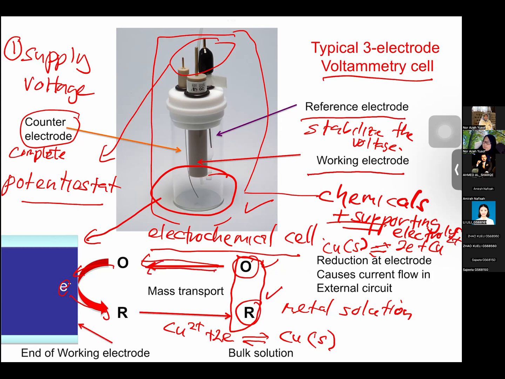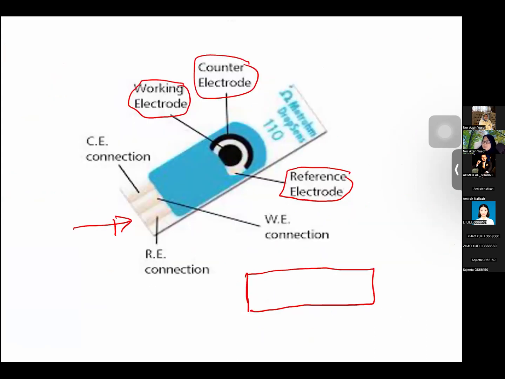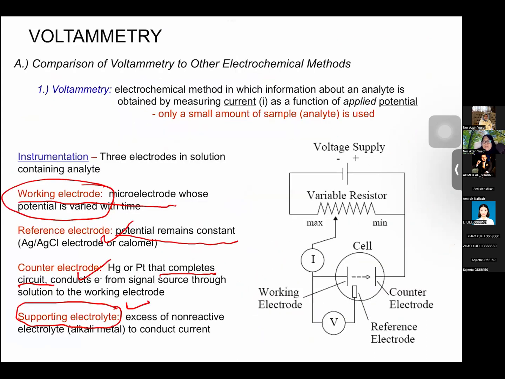They have to move towards the surface of the sensor. So the supporting electrolyte provides better movement, helping to mobilize the ions going towards the surface of the electrode. If there is no supporting electrolyte, it's quite difficult for the reduction and oxidation to happen. This is the basic circuit of voltammetry.